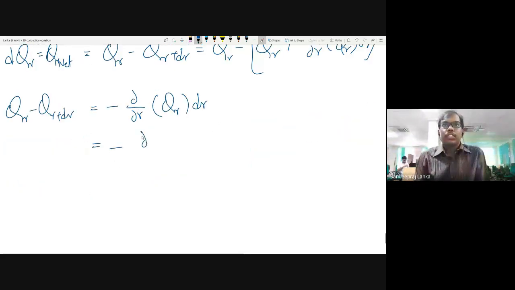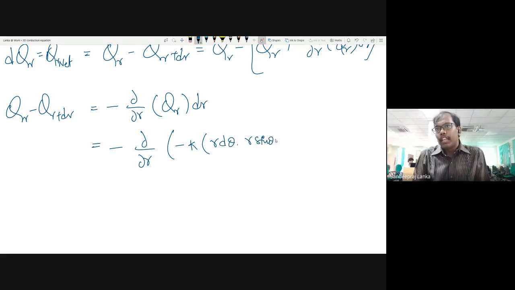I will substitute into this equation. Dou by dou r of Qr is minus K, and A is here r into d theta into r sine theta into d phi, and then dou T by dou r.